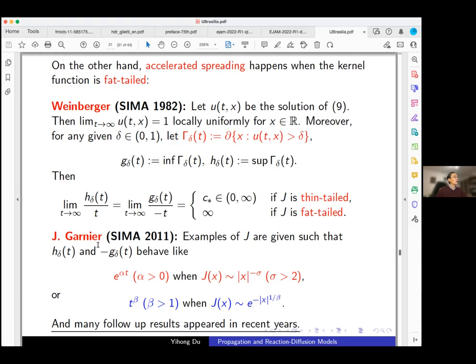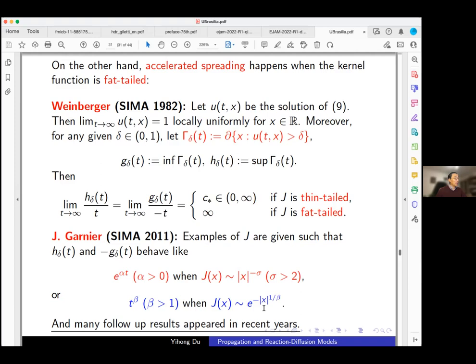And the work of Garnier even checked how fast the spreading is in this case. If J behaves like that, that is fat-tailed, and the spreading front goes to infinity, exponentially, not linearly in time anymore.